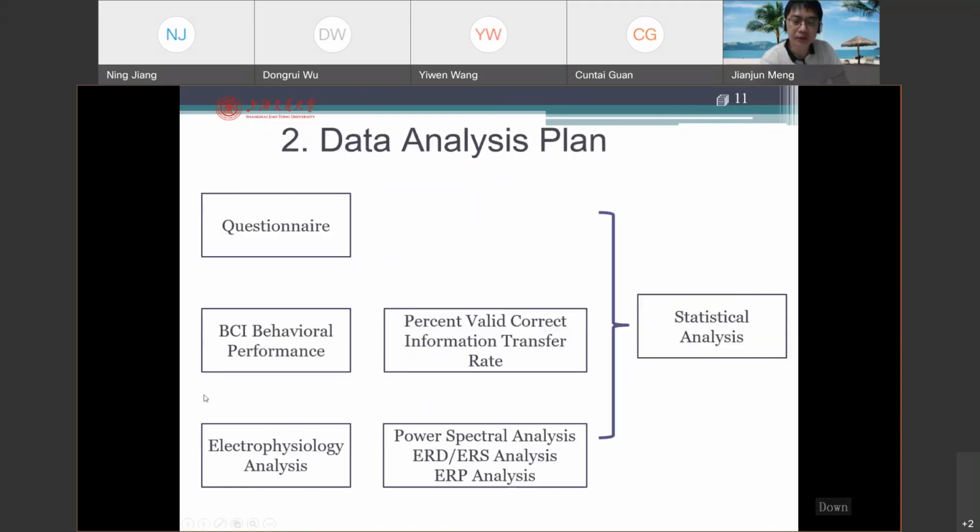We will analyze the results of the questionnaire and also the BCI behavior performance, including the percent valid correct and the information transfer rate. Lastly, we will also contrast the change of power spectral density prior to and post the resting period, and also ERD, ERS, and ERP comparisons between prior to and post the resting periods.